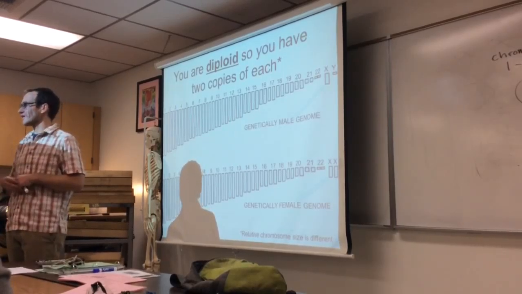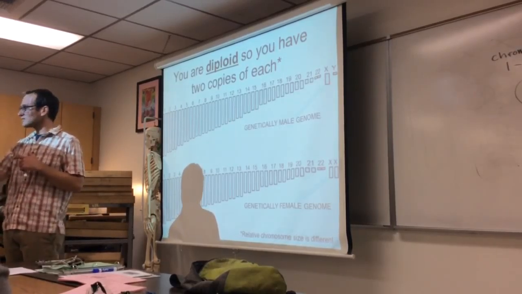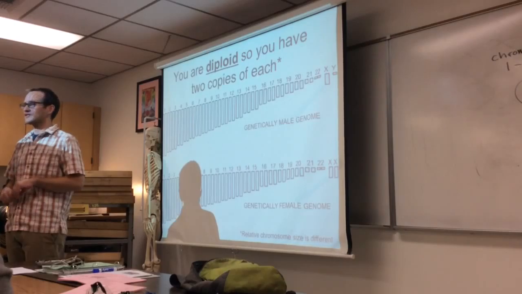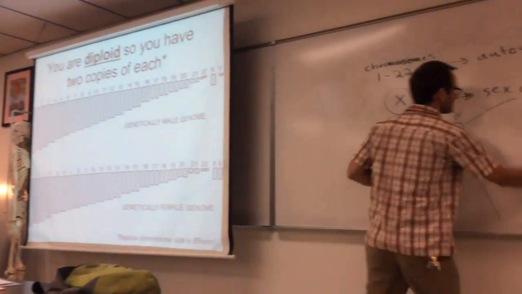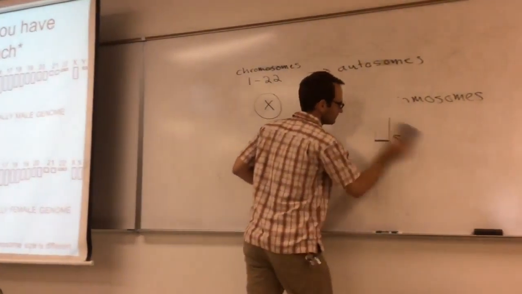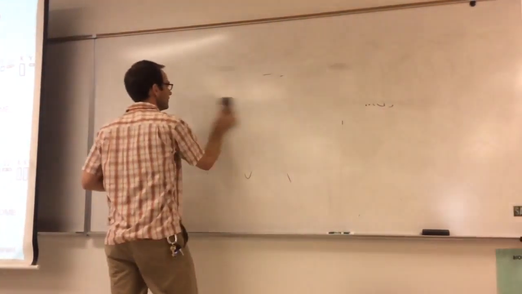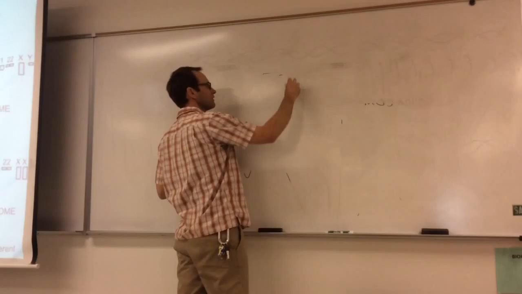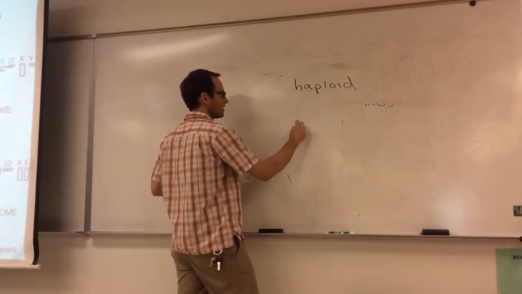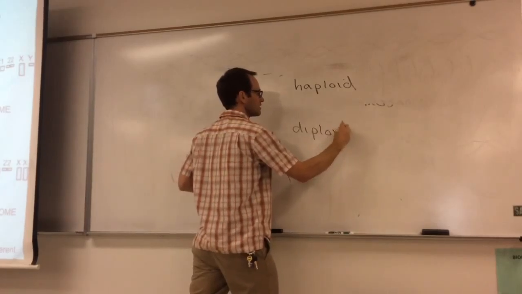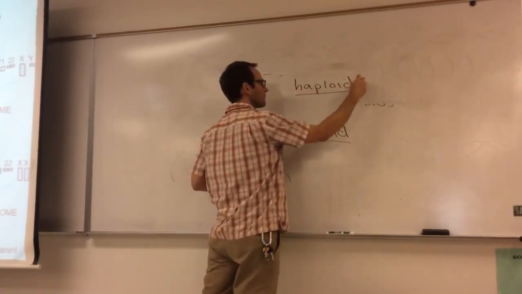Instead of talking around it, you just learn the term and you can talk intelligently about it. So one of the words that we need you guys to know is the word haploid. Another word we need you to know is the word diploid.